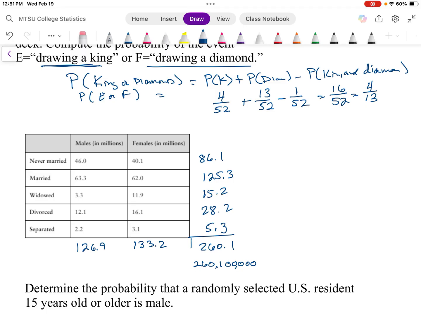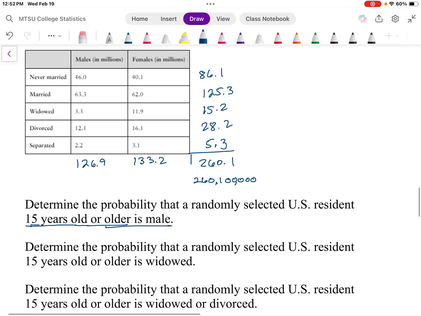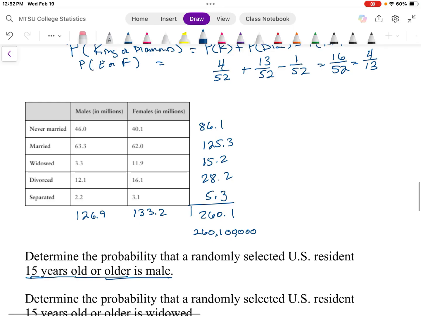All right. So determine the probability that a randomly selected U.S. resident 15 years or older is male. It's the probability that we have someone 15 years of age or older and is male. These are all 15-year-olds and older in the process here.